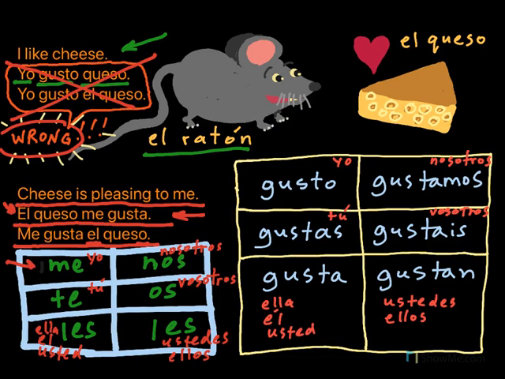These are the indirect object pronouns that need to be memorized in order to deal with the verb gustar. Note that the verb gustar, in a way, is a normal verb, it conjugates, but it doesn't mean to like. It means to please. It means I please, you please, he, she pleases.